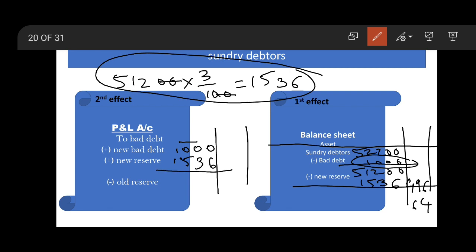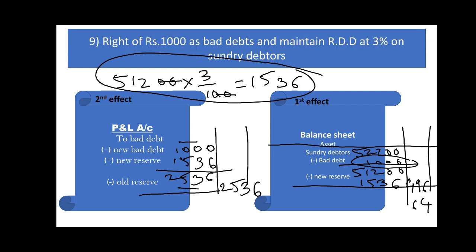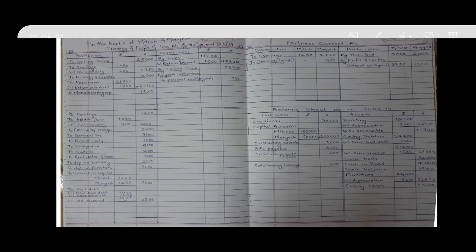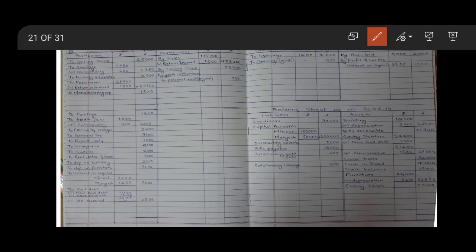Add this amount, keep it inside, 2536. Here do we have old reserve? No. So nil amount of old reserve. Take the balance outside, that is 2536. So 2536 is the total amount of bad debt to the profit and loss debit side. The same way I have presented here in our solution. You can see again.